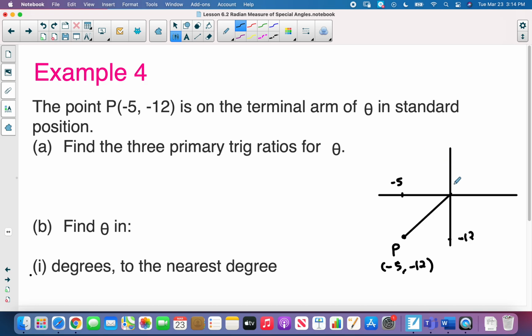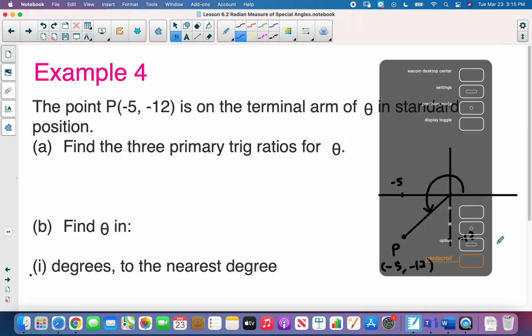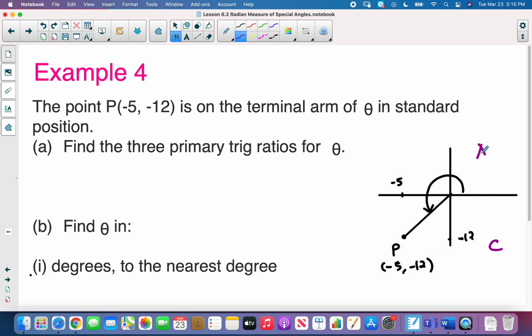So our angle is from here to here, which ends in the third quadrant, where tan is positive, right? This is CAST. So in this third quadrant, only tan ratios are positive. Sine and cosine are negative. I'm going to find the 3 primary trig ratios for theta.